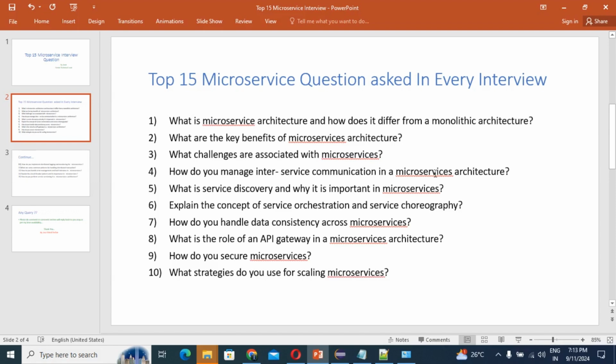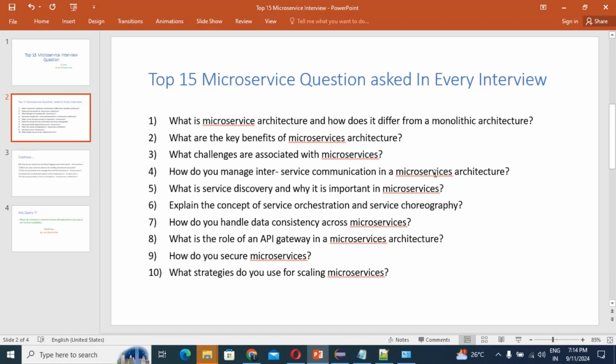Last but not least, service mesh tools like Istio provide advanced traffic management, load balancing, and service-to-service communication features. These are all the strategies you can use for inter-service communication in a microservice architecture.